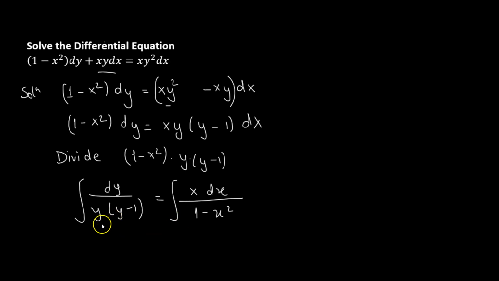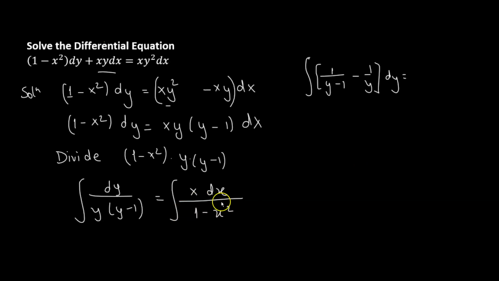Now to integrate the left hand side, we have to use the method of partial fractions. I hope you're familiar with the method of partial fractions, so I'll simply write down the result. 1 over y times y minus 1 can be written as 1 over y minus 1 minus 1 over y dy.